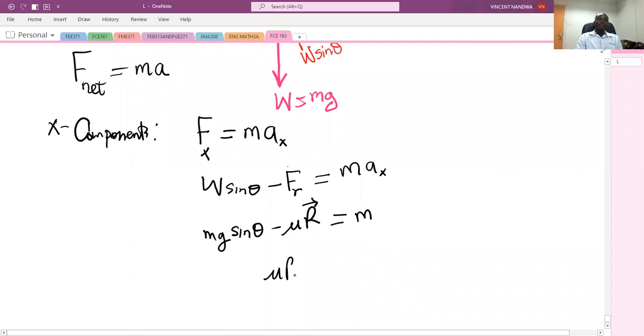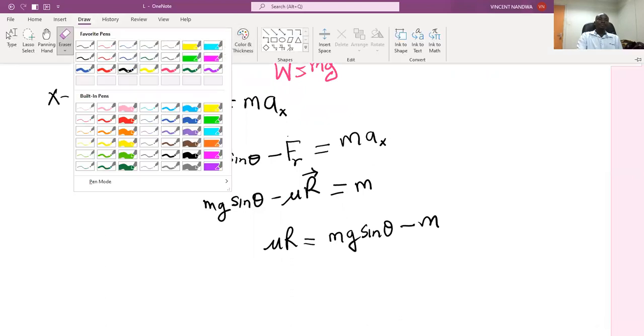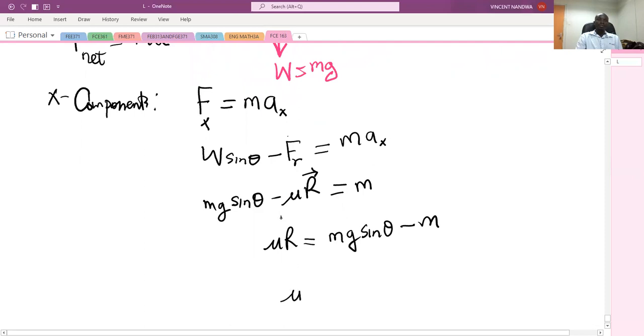So mu R is the same as mg sine theta minus m. Divide the right hand side by R. So mu is the same as mg sine theta minus m divided by R. So let's call this one equation 1.